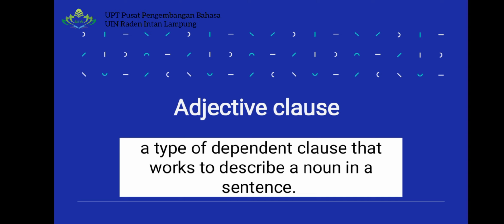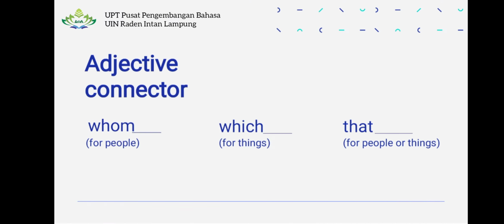As it is explained, this clause explains a noun. Then, you will find a noun as a subject or an object in a sentence that is explained by a clause. It is adjective clause. Since the clause is an adjective clause, then the connectors that will be used are the adjective clause connectors.